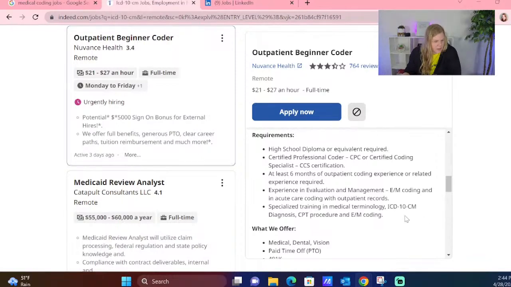Specialized training in medical terminology, ICD-10-CM diagnosis, CPT, and E&M coding. Okay, so that's not too bad. It's not saying specifically which training. So this is consistent with a lot of the jobs. They just want to know that you have the credentials, that you have some sort of training.